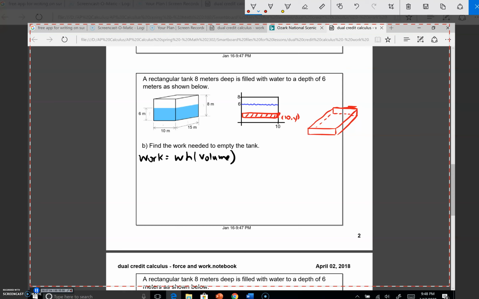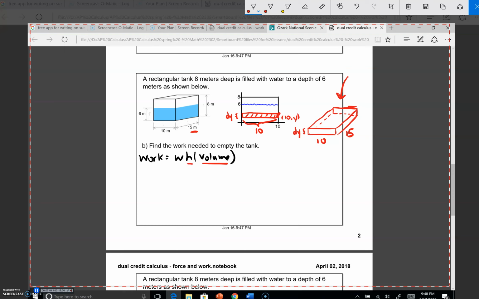So if I label this distance here as 10, and this distance is a change in y, then on this box over here, this is 10, this is 15 based on this dimension, and this other dimension right here is my dy. So when I talk about volume, I'm talking about the volume of that box there, the volume of water that could be held in that box.